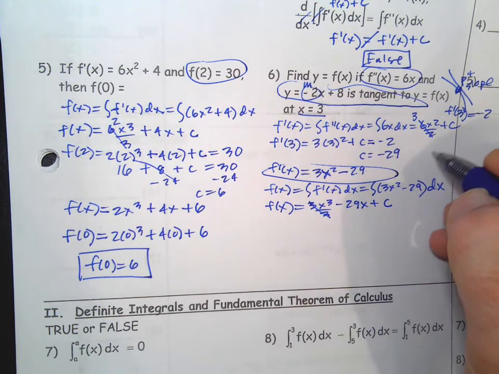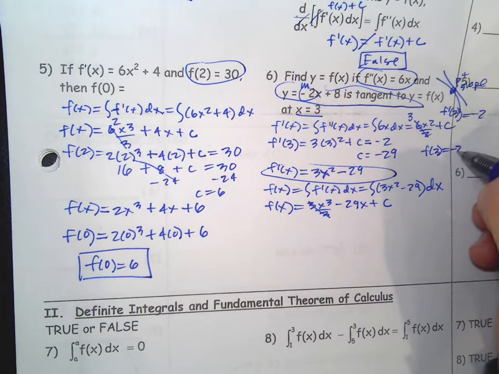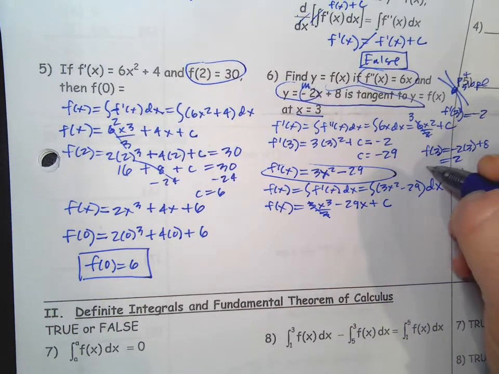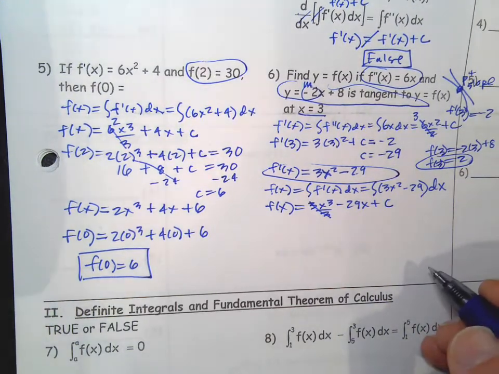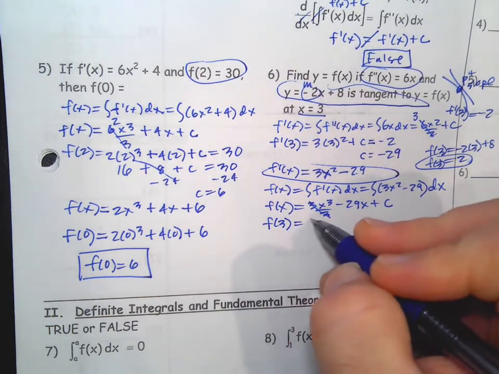Now for this, if you plug 3 into the equation of the line, you get the xy pair at the point of tangency, which is 3, 2. All right? So that's going to be our initial condition also for our curve. So we can plug 3 into this.